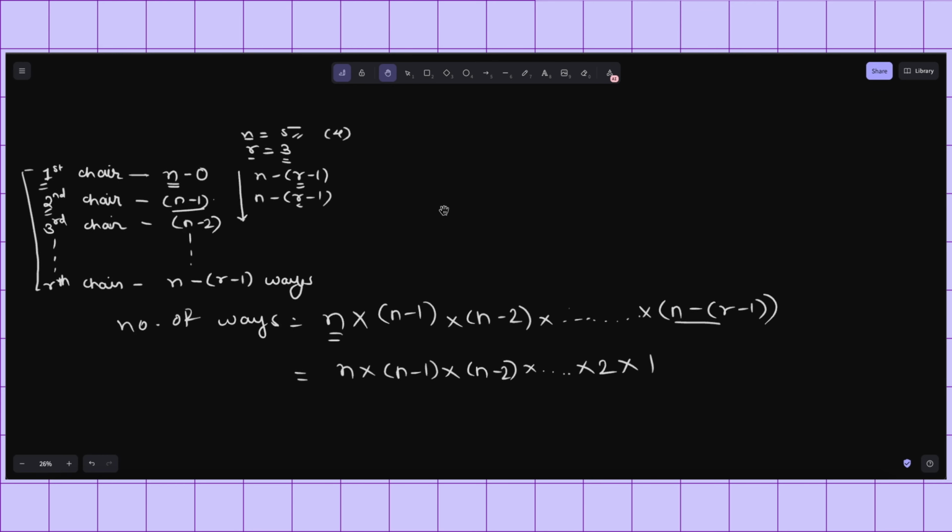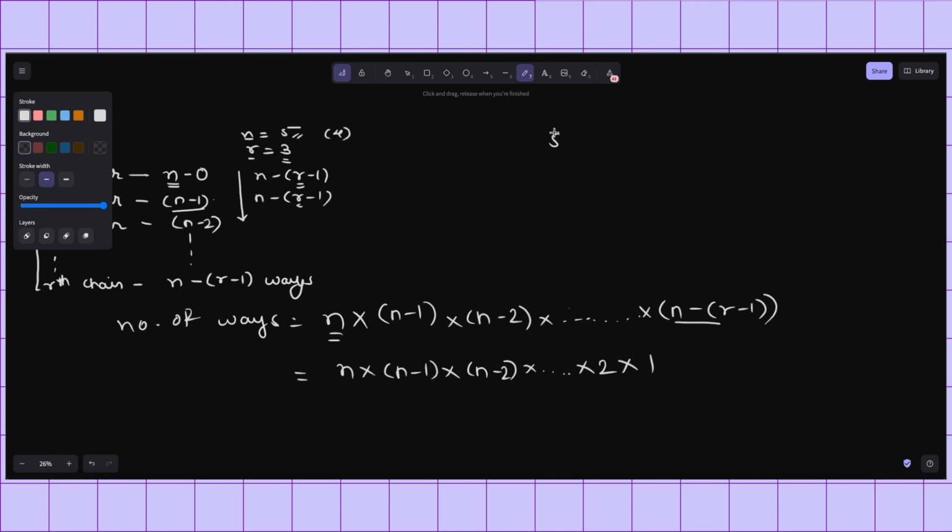Let's take an example of 5 factorial. I have told you multiple times the concept of factorial and how to calculate it, and it is used in permutation. So it will be 5 into 4 into 3 into 2 into 1. Now let's understand what is happening with n factorial: n into n minus 1 into n minus 2.